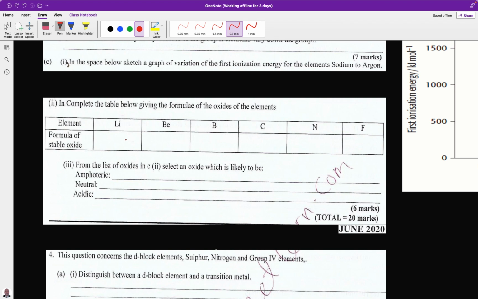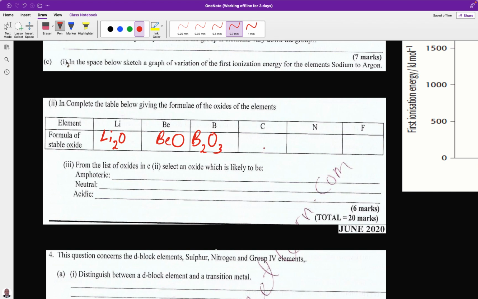For lithium, lithium oxide will be Li2O. For beryllium, we will have BeO. For boron, we will have B with oxygen, B2O3, something like that.